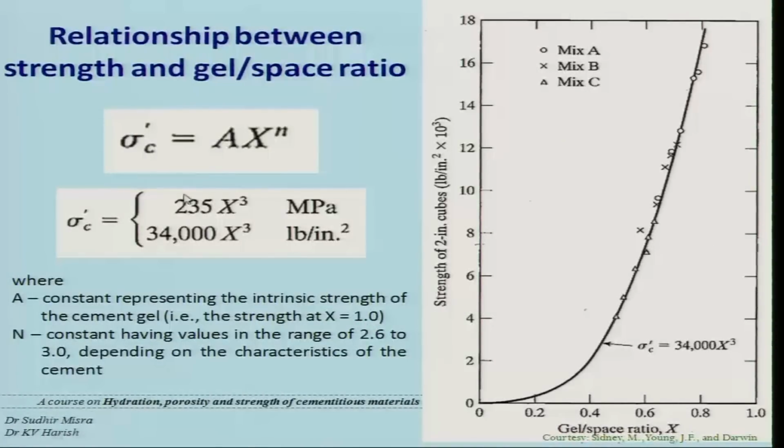Okay, so this is a very important equation and derivation which was obtained by Pore. So what is basically related is that the microstructural parameter gel by space ratio is related to the strength of the cube.